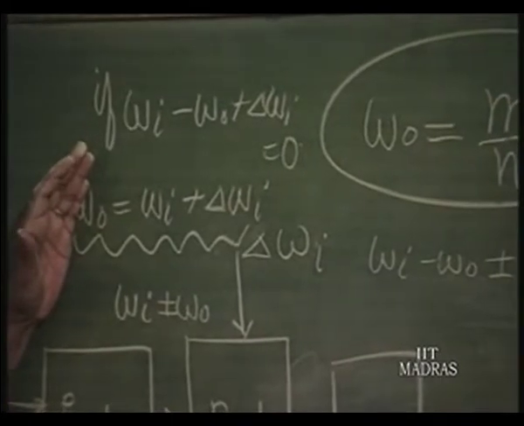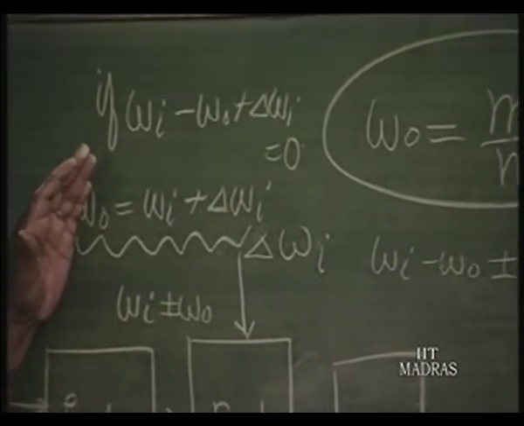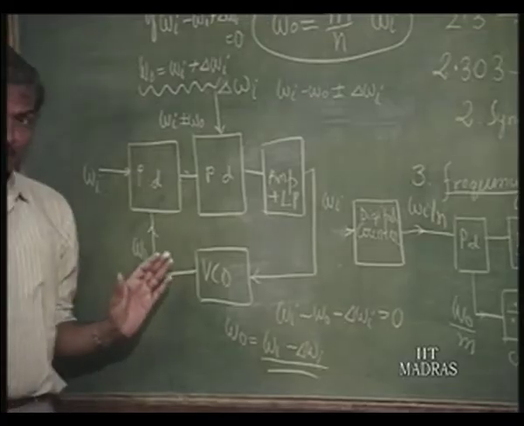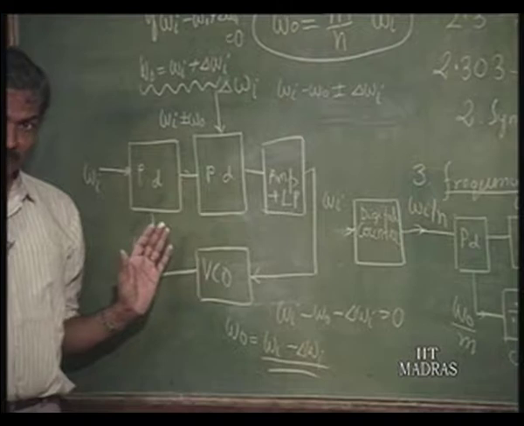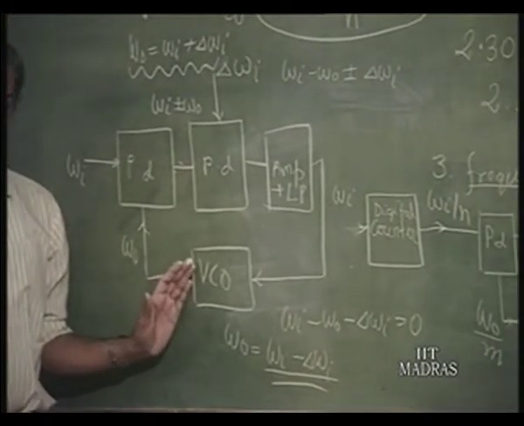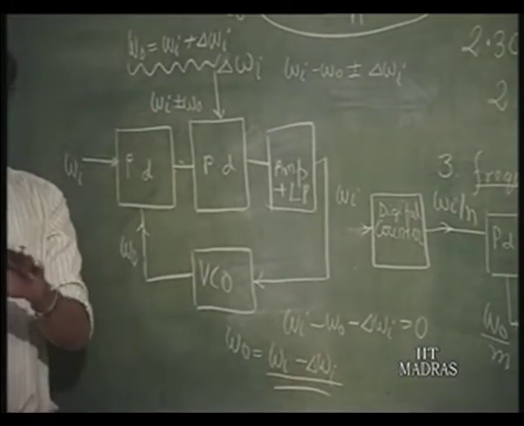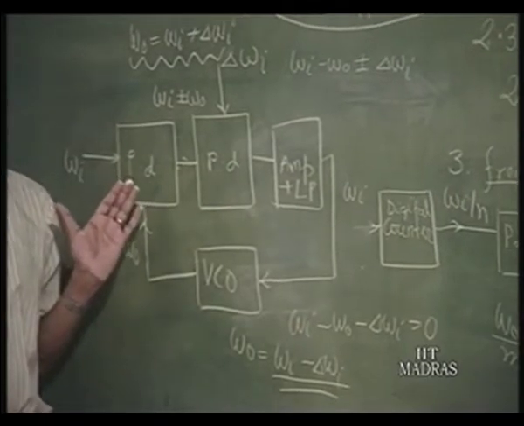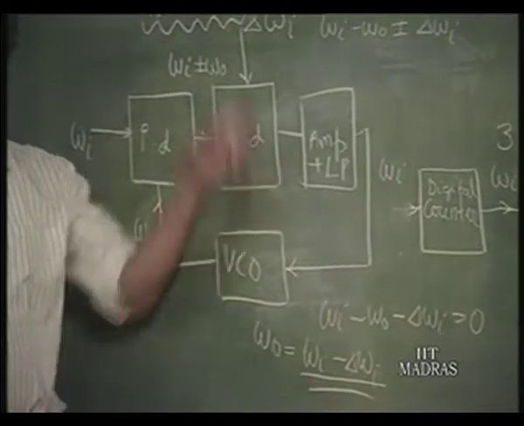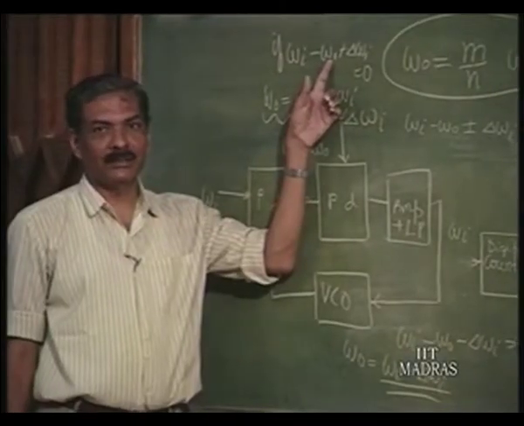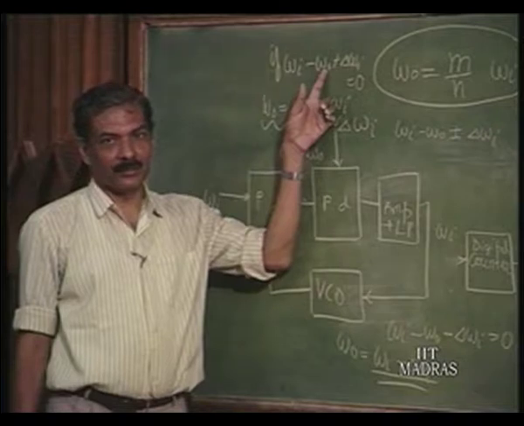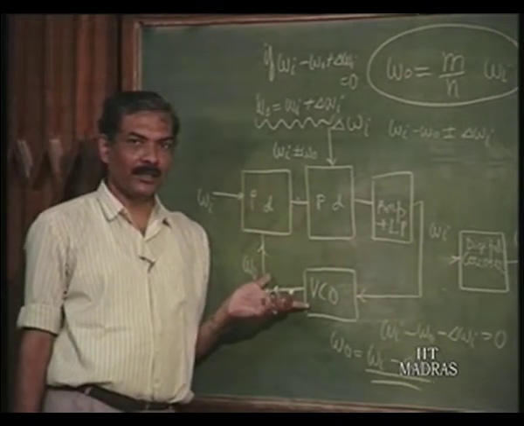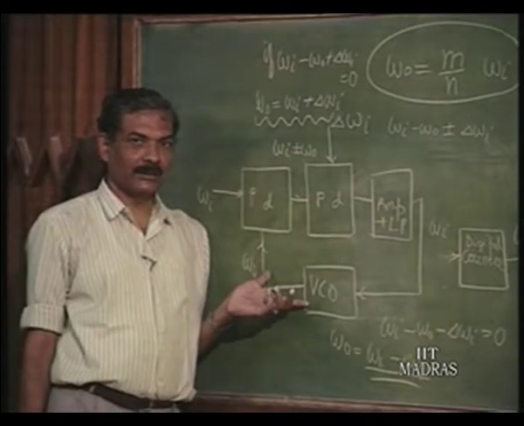How do I make sure that it is going to be that or this? That can be made sure by making omega naught remain on this side of omega I or the other side of omega naught, that is the initial frequency. So, that the closest will be this or that, to which it will get locked. So, this is another powerful technique of frequency synthesis.